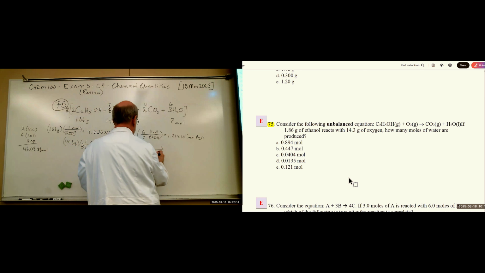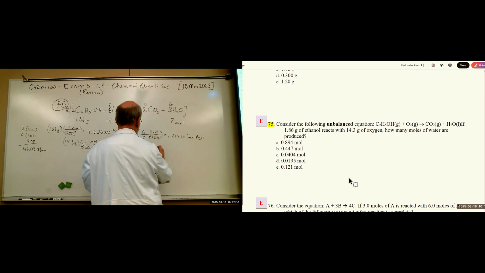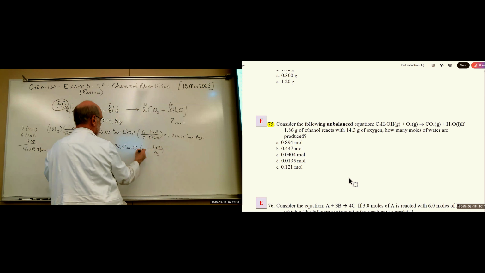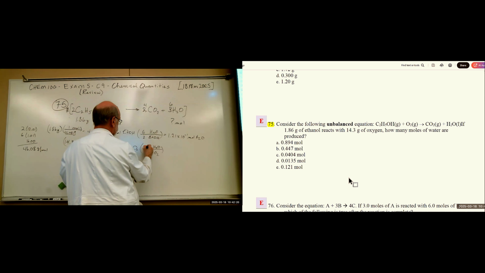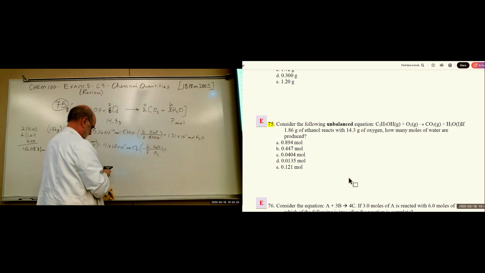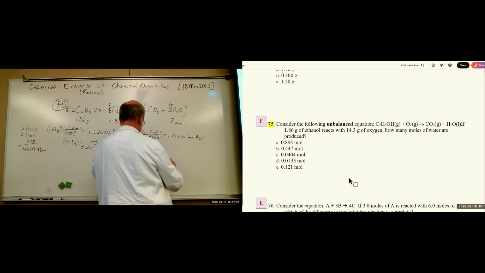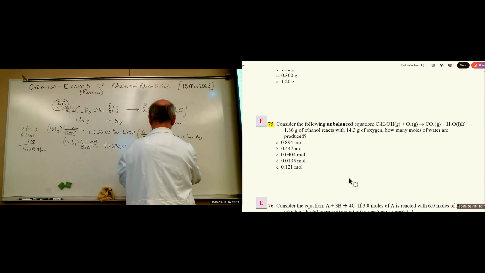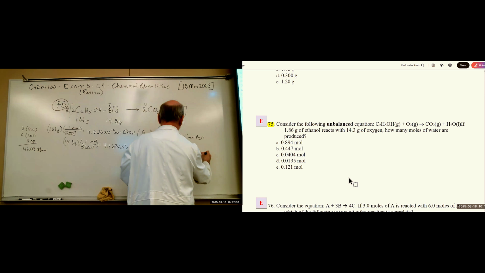Then we'll convert oxygen to water. And oxygen has 7 here and 6 there. So that gives me 3.83 times 10 to the minus 1 moles of water.